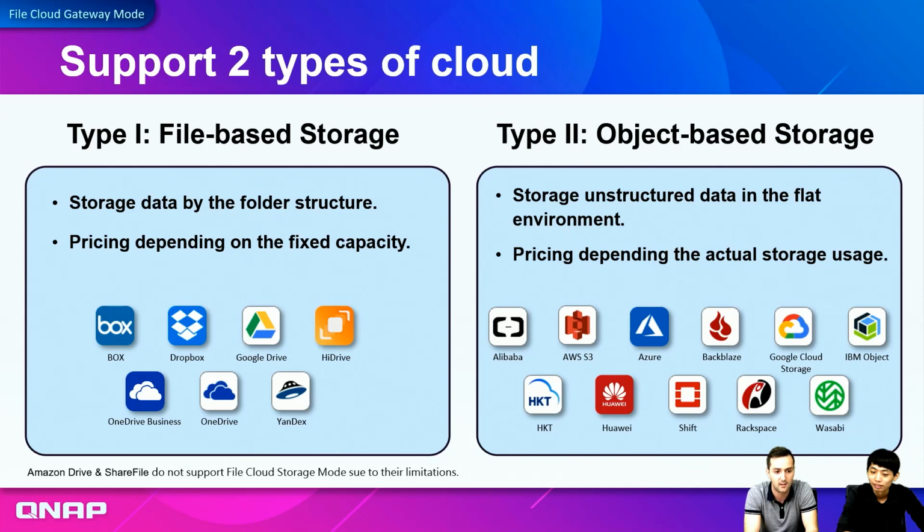Even the file cloud gateway mode, the second mode, is similarly supporting these two, and it has also the same features as in the previous one, as the storage data on the file-based one is by the folder structure, while on the other hand the object-based is on the unstructured data, and it is a flat environment, bucket-like, just dropping all the files over there, which are useful based on purpose, depending on what the enterprise is using it for, but HybridMount is there to provide access to both of those.